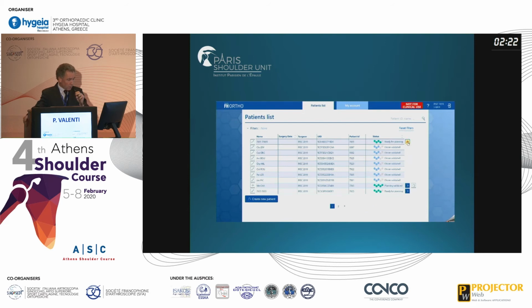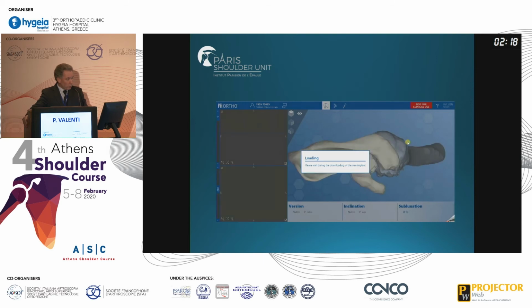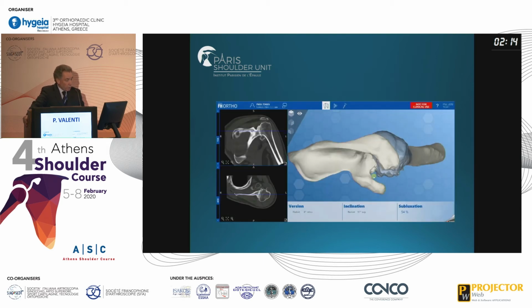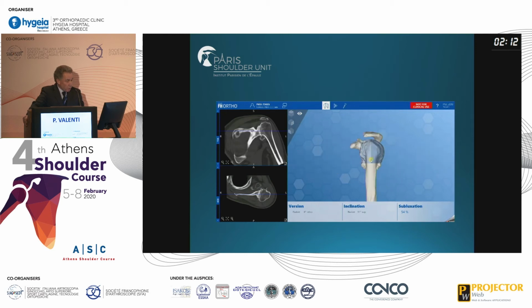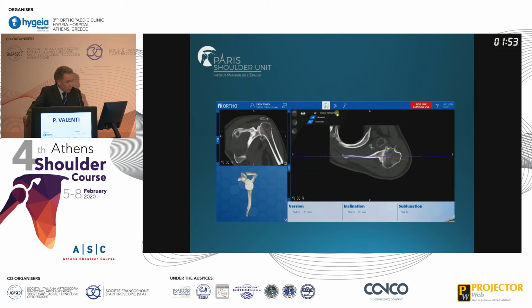And the engineer will send you on your website the reconstruction of the scapula and the humerus in 2D reconstruction, and you can remove the humerus. And with the system, I think it's very nice because you can evaluate the osteophytes, and superiorly, inferiorly, you can move the scapula as you want, and after you define the point to measure the version and the inclination.